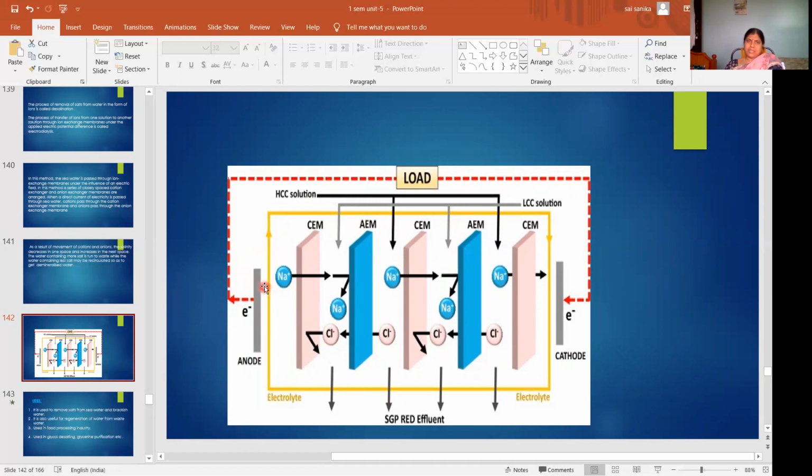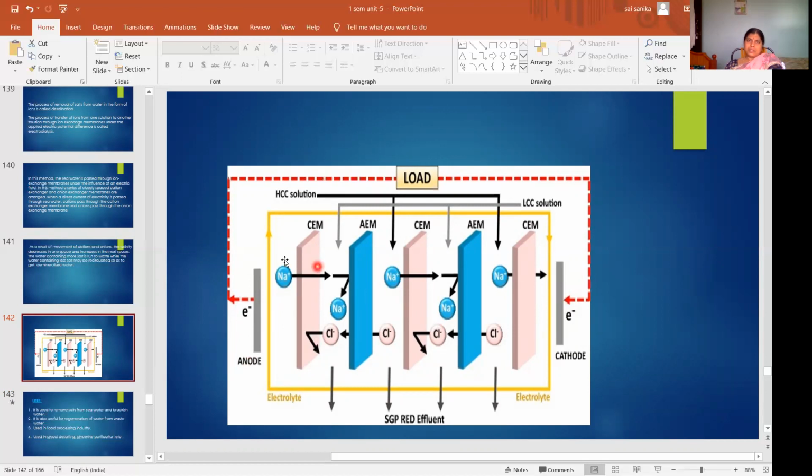In the presence of electric field, the ions move towards respective electrodes. Positive ions will go to the cathode and negative ions will go to the anode, because cathode is the negatively charged electrode and anode is the positively charged electrode.